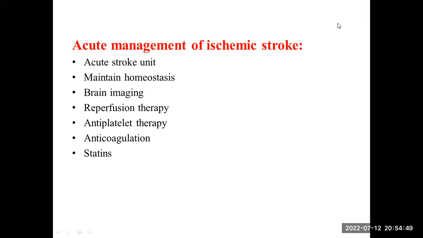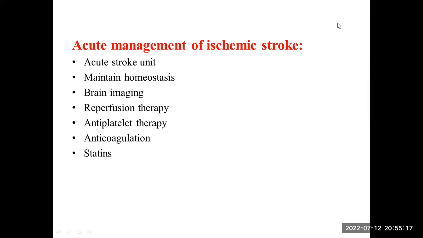Another example of the factors which should be controlled is the blood glucose in patients with ischemic stroke. A lot of patients with ischemic stroke might be diabetics, because diabetes is one of the major risk factors for strokes. So you need to control the blood glucose in the acute setting. You need to keep the blood glucose within the normal acceptable range, because both hyperglycemia and hypoglycemia are dangerous to the brain tissue.